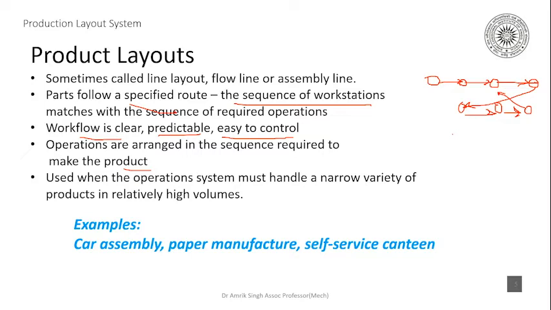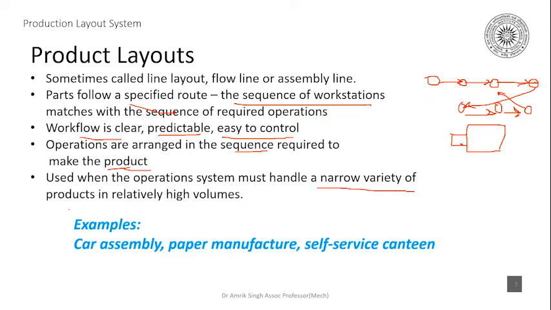Like if you want to make a shaft, so say this is a shaft you are making. So naturally, from the raw material, first we will take this turning, and then the second turning, and then maybe some other operations. So operations are arranged in the sequence which is required to make the product. This type of layout is used when the operation system must handle a narrow variety of the product.